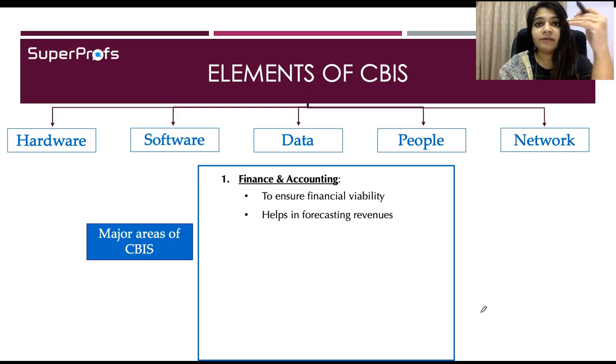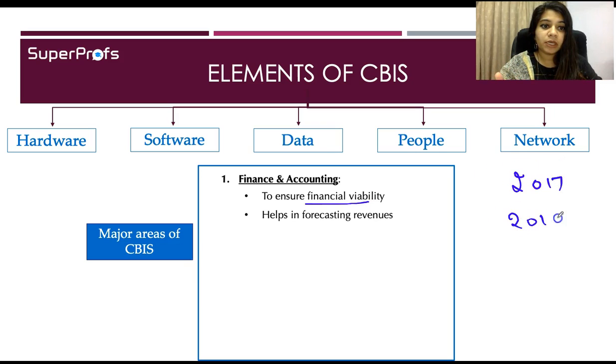All right. They will utilize information to ensure financial viability. So higher level managers or strategic level managers will decide based on the profits that you are making, the loss that you are generating in an organization, how much future there is for the organization. So the first point is to ensure financial viability. Then the second thing is forecasting revenues. So based on the last year, say in 2017 and 2018, quarter 2 generates let's say 4.7 crores of sale.